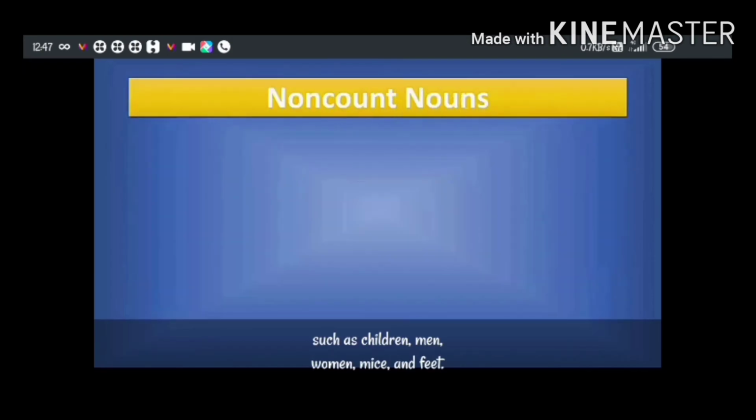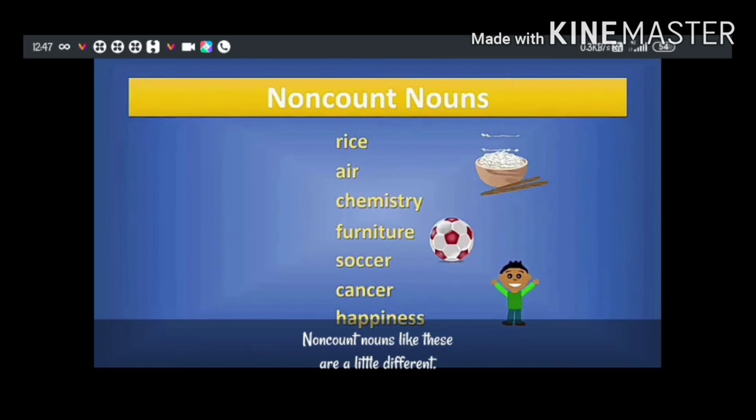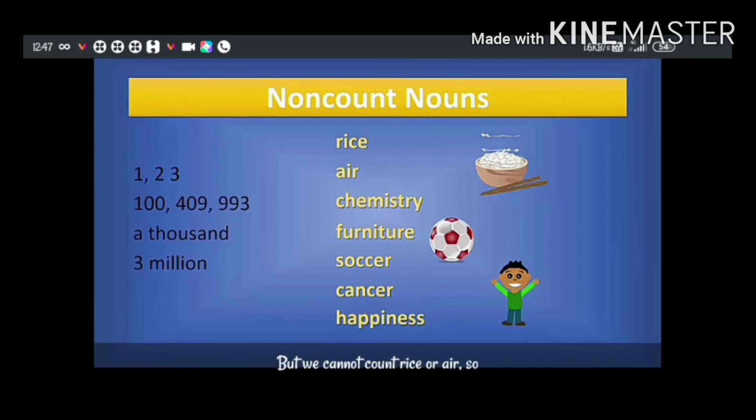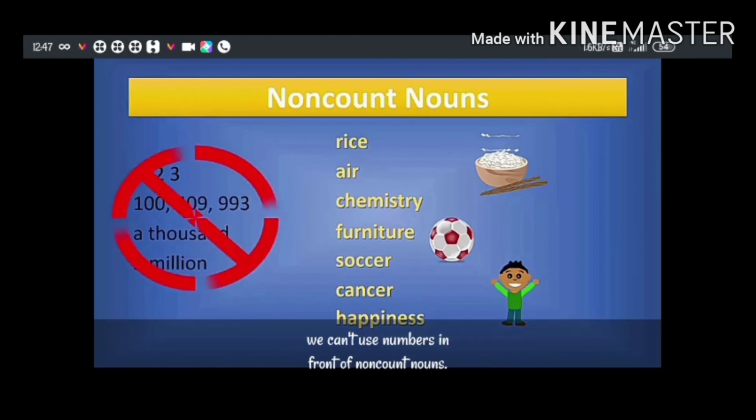Non-count nouns like these are a little different. Because count nouns are countable, we can use numbers. But we cannot count rice or air, so we can't use numbers in front of non-count nouns.